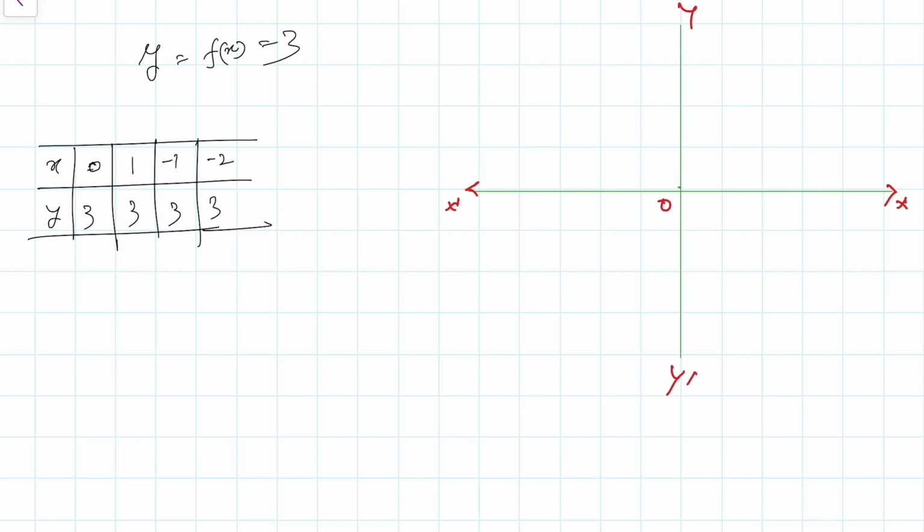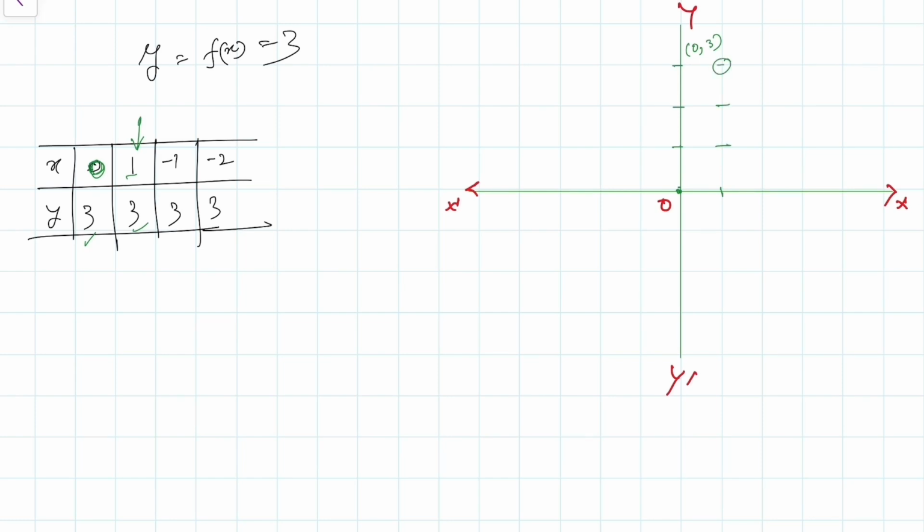Okay, so let us plot those points on this Cartesian plane. Then what will you get? The first point is (0, 3). This is the value of x, it is (0, 3). This point is (0, 3). Now let us plot the point (1, 3). This is 1, then 1, 2, 3.